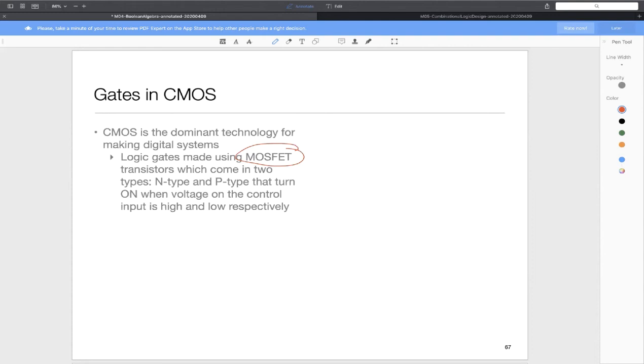The main thing is that there are two types of transistors, N types and P types, which depend upon whether they are made of material which has an excess of electrons or a paucity of electrons. What it translates into is that N-type transistors turn on when the voltage at their controlling input is high, and P-type transistors turn on when the voltage is low.